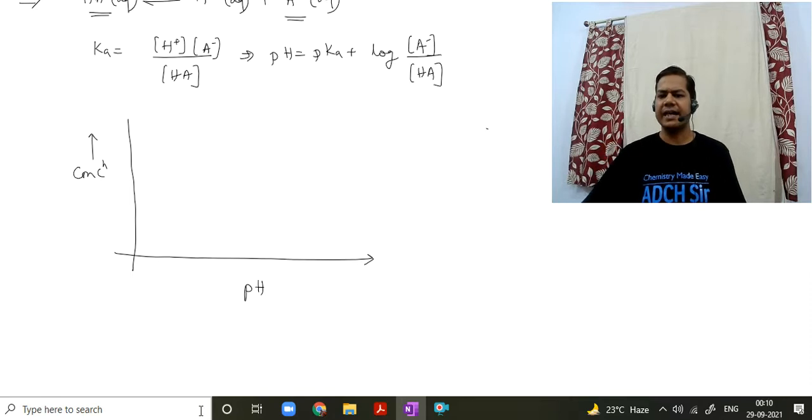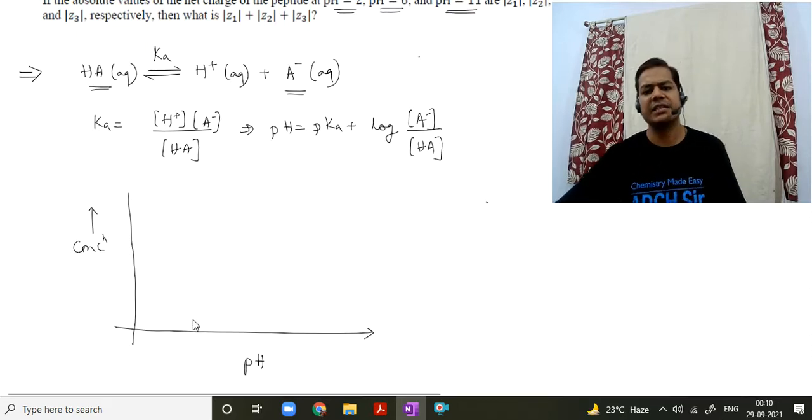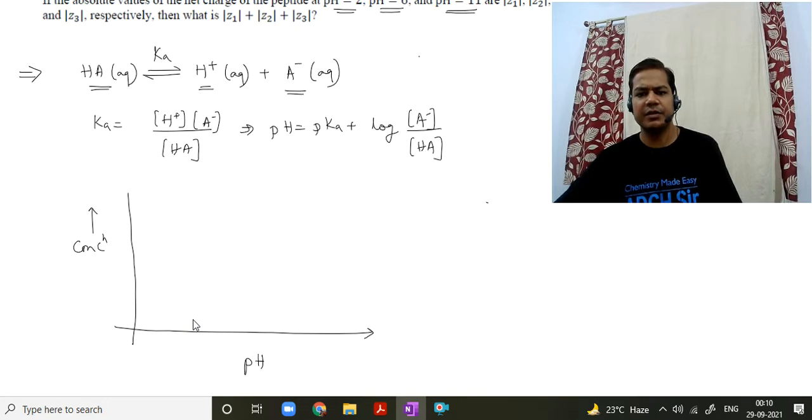We say that at very low pH, the medium is very acidic. When H plus concentration is high, this ionization equilibrium will shift in the backward direction. So most of the acid will remain in the unionized form, as HA.